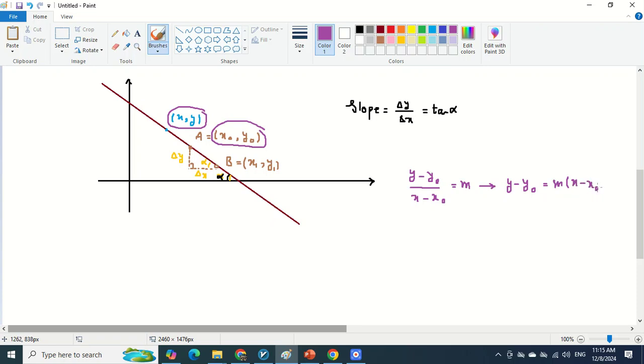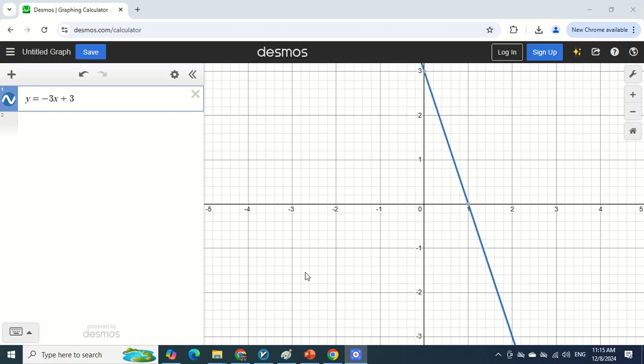So let us take a look at the graph, the situation that we have here. As you can see, I just sketched one line, y equals minus 3x plus 3. The relation between all of these points is as follows: minus 3x plus 3 is equal to y.